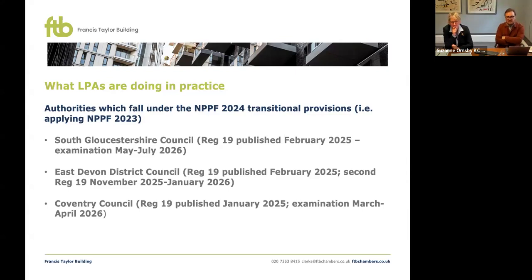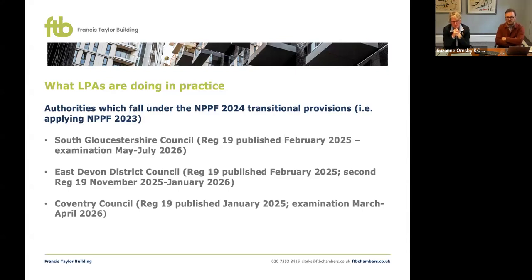And then East Devon District Council, they had a second Reg 19 that concluded in the new year, and they were proposing to submit at the end of May, I believe. However, that was pushed back a bit because it seemed, particularly on housing, they still had more work to do. But at that stage, they were still proposing to submit before the end of December.